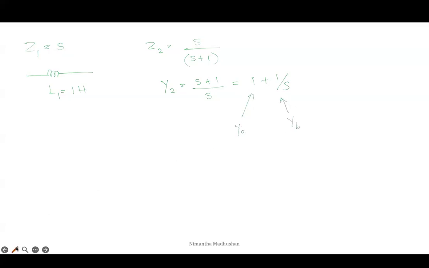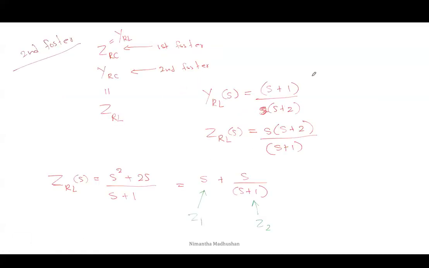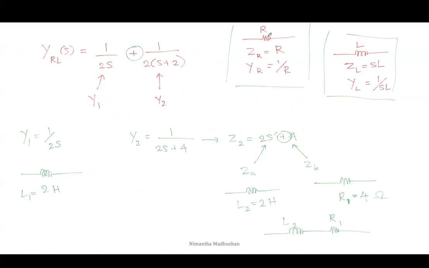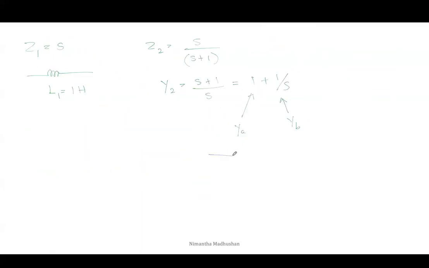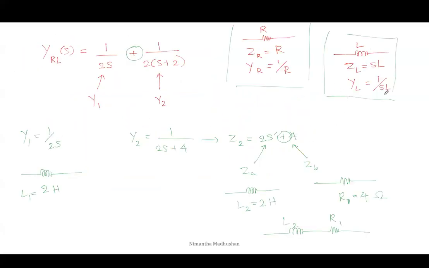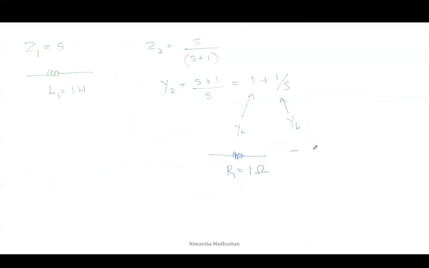If I consider YA, it is a constant, that means it will be a resistor. This will be resistor R1, value is 1 ohm. If I consider this one, it will be an inductor, value is 1, L2, 1 Henry.